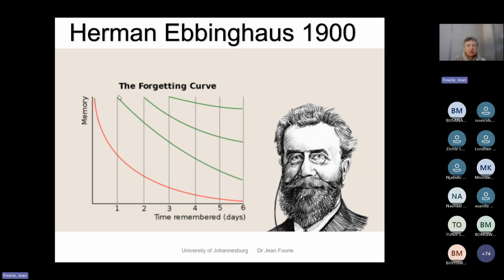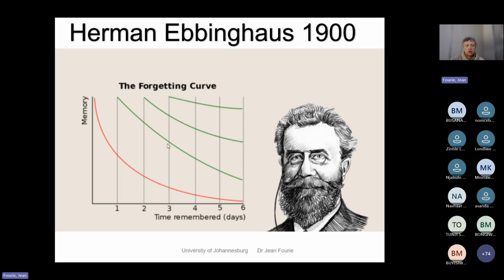If we then do not present the information again, and we test them and see what happened at time 2, they have not lost as much as they did the first time round. So the second time, by day 2, they've forgotten about 25%.